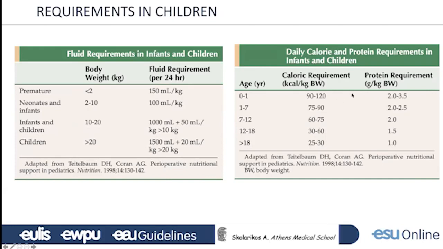So, for example, a child up to 7 years of age needs 2 to 2.5 grams per kilogram body weight of protein every day. So you have to know and collaborate with a pediatrician or a dietitian, especially for children.